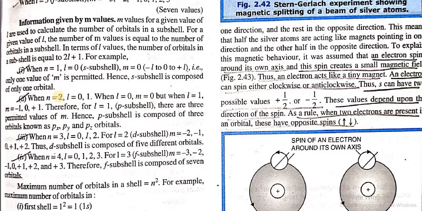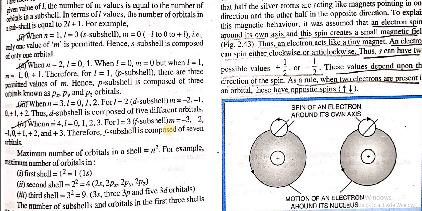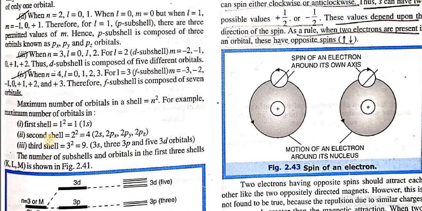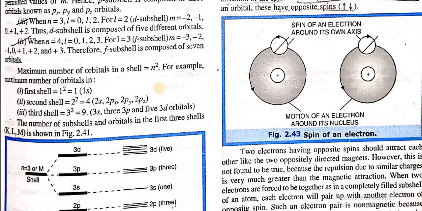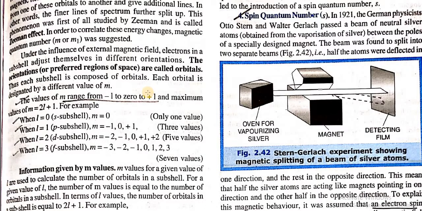Similarly, we can go for n equals 2 in the same way, and we come to know that the p subcell is composed of 3 orbitals known as px, py and pz. Similarly, the d subcell is composed of 5 different orbitals, and f comprises 7 orbitals. So that was about the magnetic quantum number.